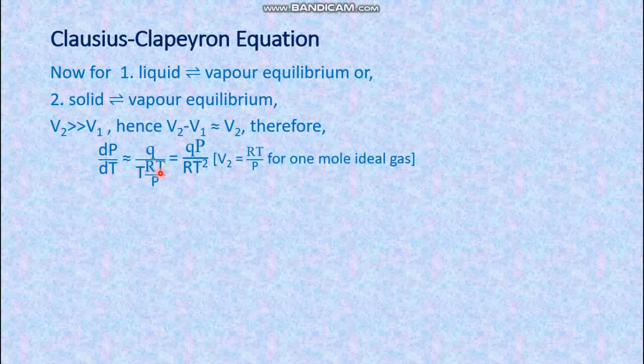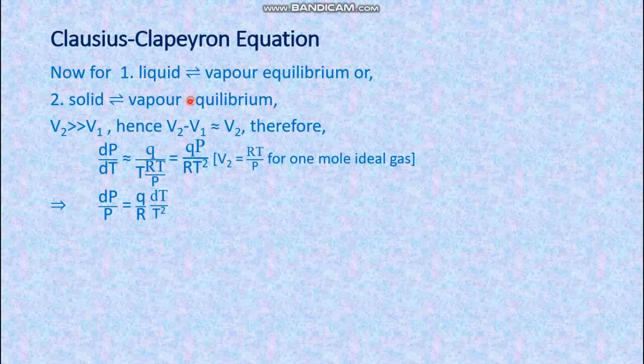With the help of the ideal gas equation, PV equals RT, or PV2 equals RT, so V2 must be equal to RT by P. So in place of V2 we write RT by P, and after rearranging, this P goes to the numerator and RT remains in the denominator, and you get the final form Q into P divided by RT square. So this is the expression of dP by dT for these two types of equilibria.